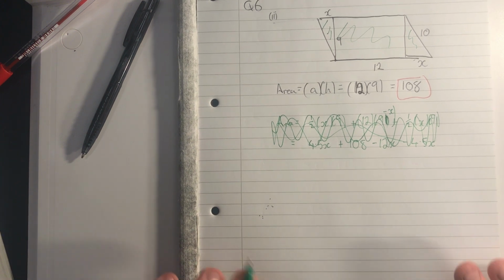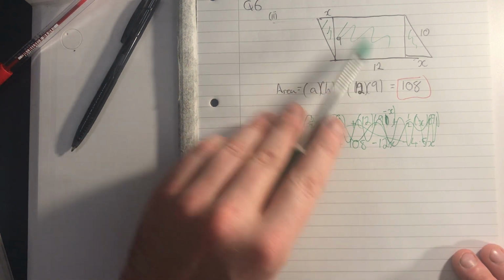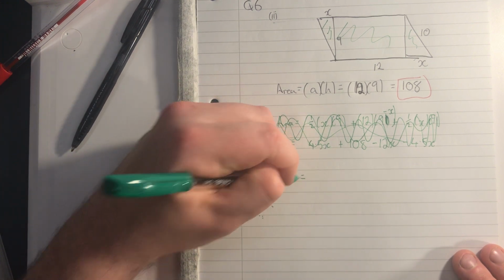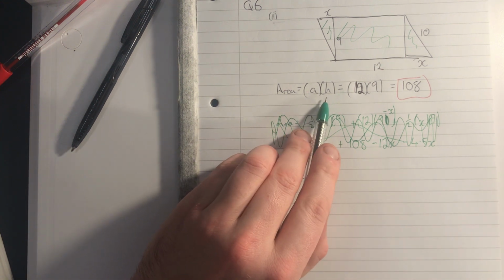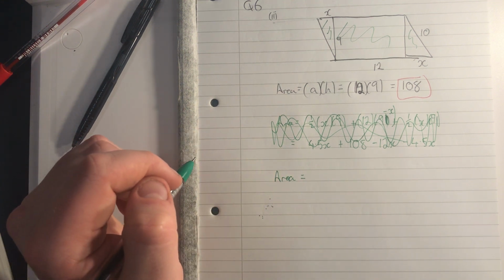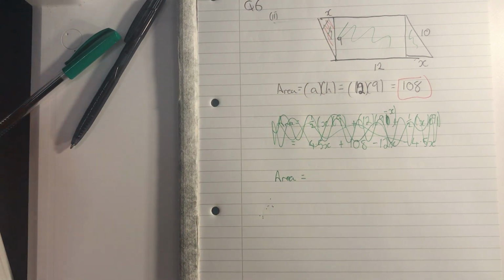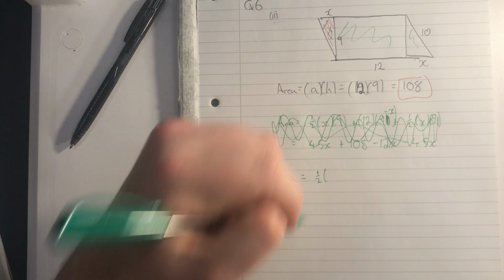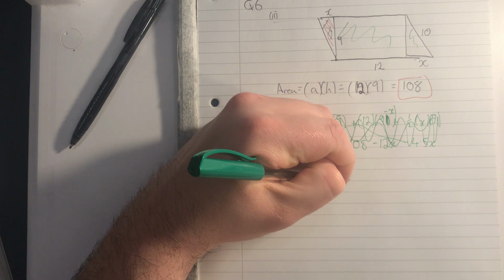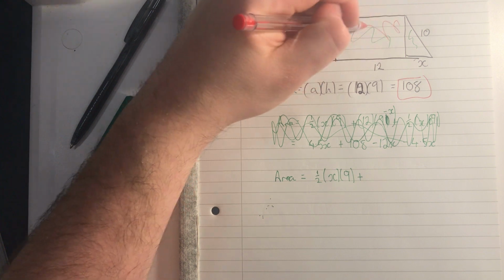Okay. So let's start this question again. So I'm going to solve the area of this parallelogram, but I'm not going to use this formula. I just want to show you why this formula makes sense here, okay? So, right. The area of this triangle up here is 1/2 by the base, which is x, by the perpendicular height, which is 9, plus the area of this rectangle here.